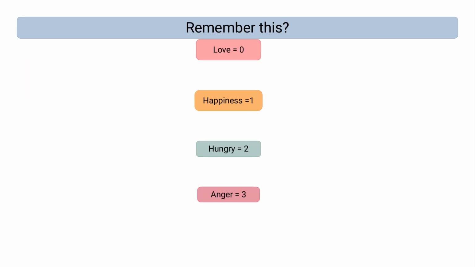Now, remember how we did this kind of cop-out where we simply assigned different concepts to numbers? So, for example, love equals 0, happiness equals 1. Well, this is actually quite important when it comes to AI.